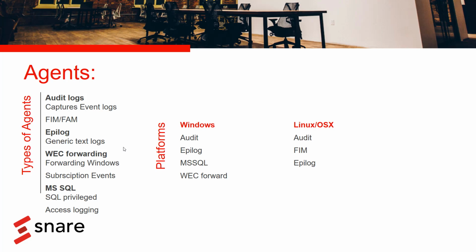So we have various logs on different platforms. For Windows, we have the audit, Epilog, MS SQL, and the WEC forwarding, all available under the Windows platform. And for Linux and OS X, we have the general audit, which includes the FIM and FAM, and Epilog as well.